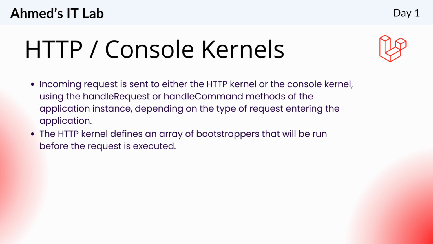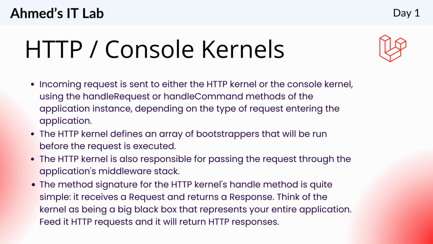The HTTP kernel is also responsible for passing the request through the application middleware stack. These middleware handle reading and writing the HTTP session, determining if the application is in maintenance mode, verifying the CSRF token, and more. We will talk more about these soon.